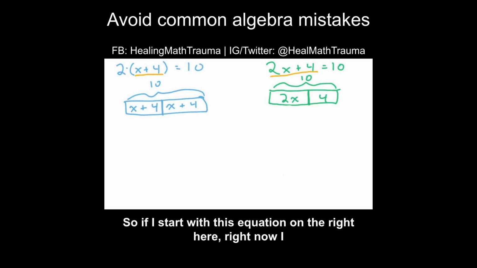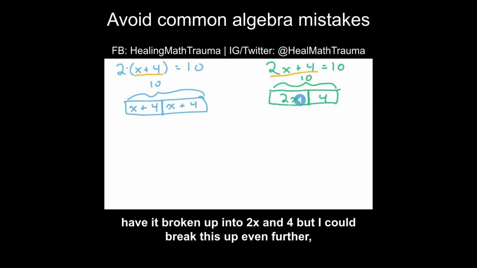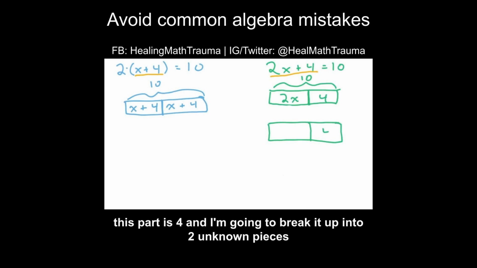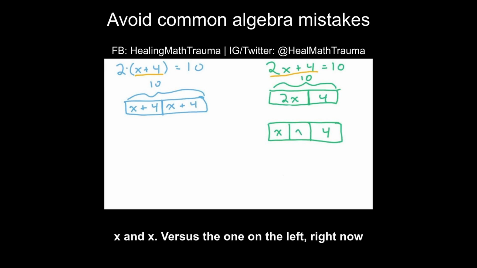So if I start with this equation on the right here, right now I have it broken up into 2x and 4, but I could break this up even further, still maintaining the whole of 10. And I can say, okay, here this part is 4, and then I'm going to break it up into two unknown pieces, x and x, versus the one on the left.